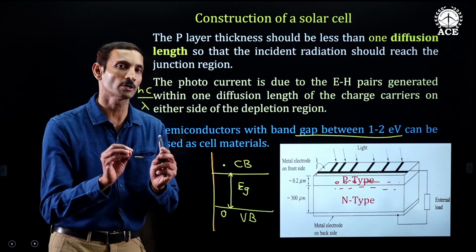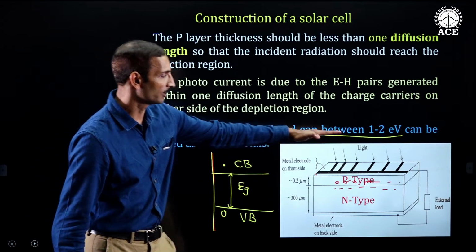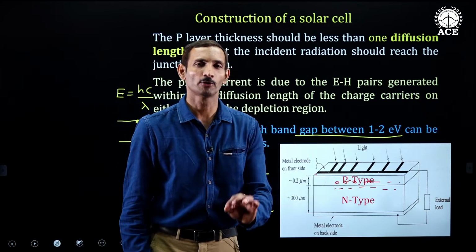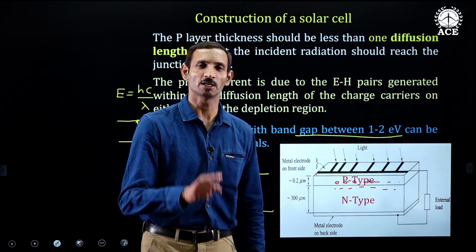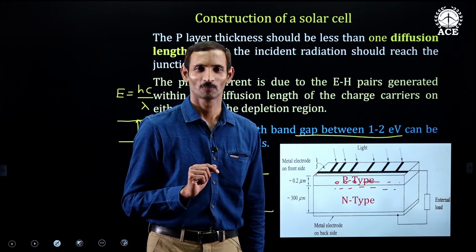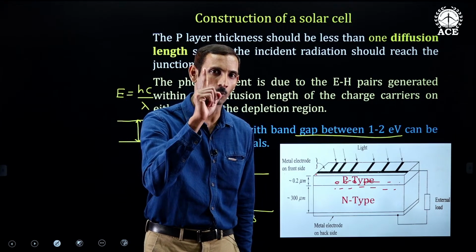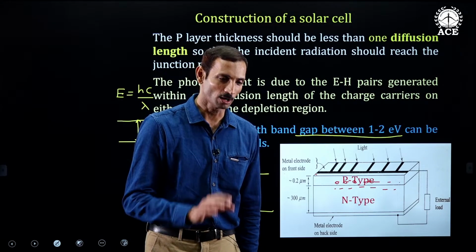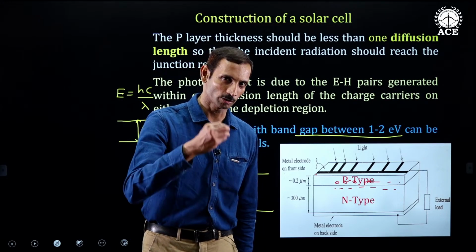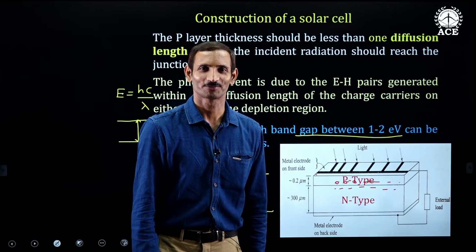Suppose that 10 photons have fallen on the material. If they can produce 10 electrons, then automatically the quantum efficiency is 100%. Quantum efficiency, the value equal to 1, which is equal to 100%. All photons actually produce electrons.